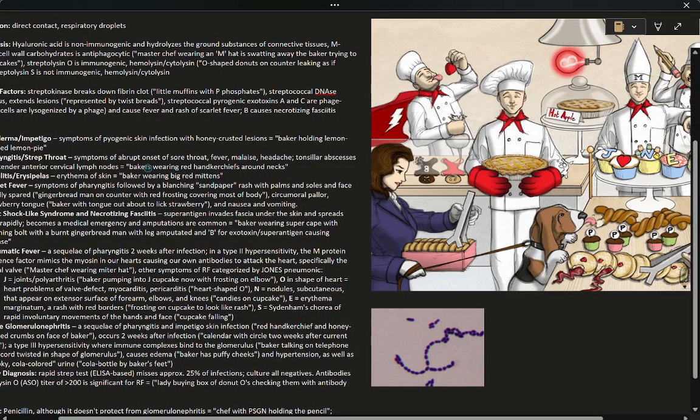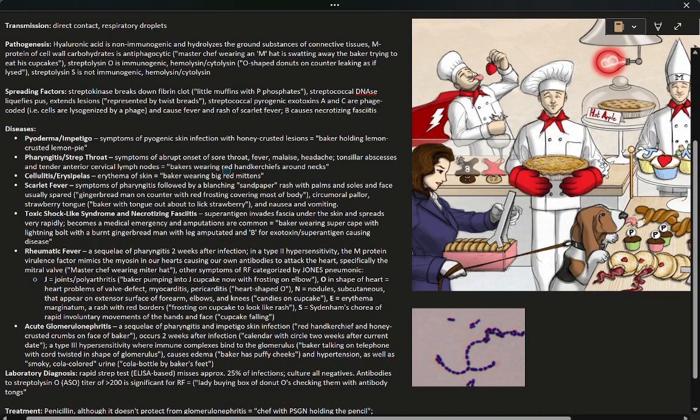So you can remember this by thinking about the baker wearing the red handkerchief around the neck. We also have cellulitis and erysipelas, where this involves the erythema of the skin. So this time think about the baker wearing the big red mittens, as you see over here.